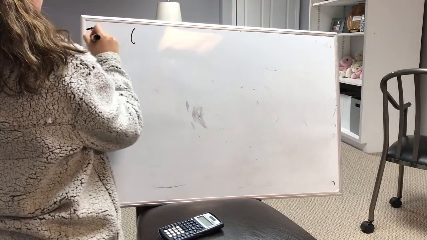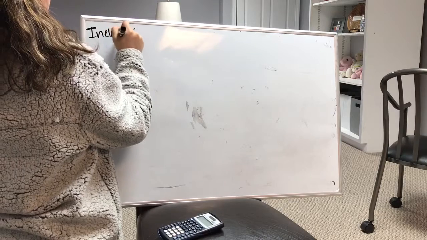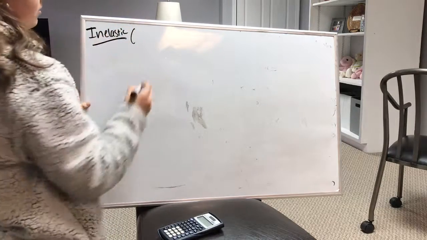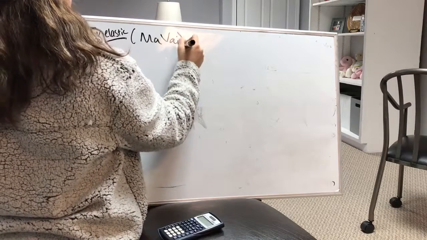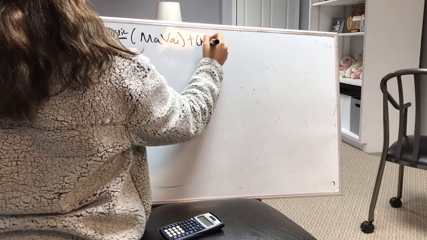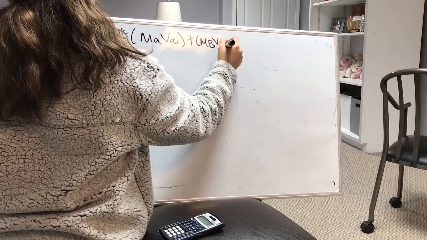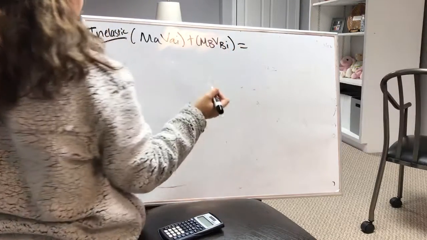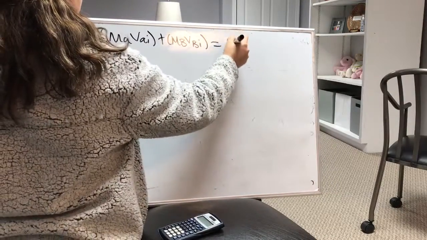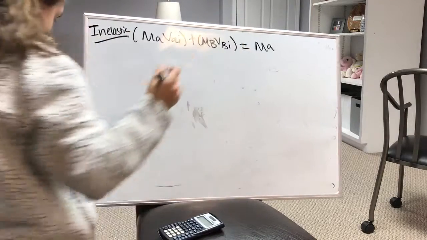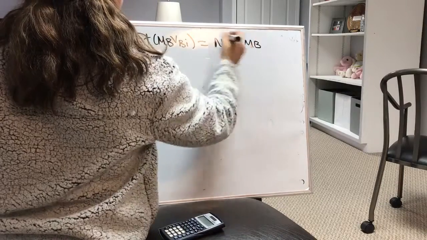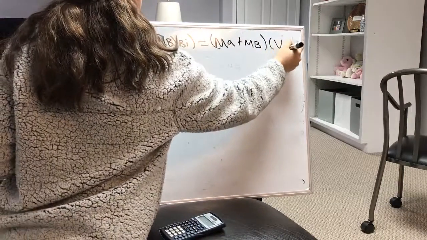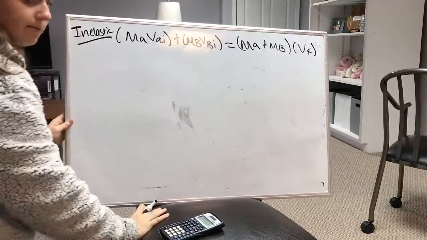Therefore, for inelastic, we have the mass of A times the initial velocity of A plus the mass of B times the initial velocity of B equal to the mass of A plus the mass of B times the final together velocity.